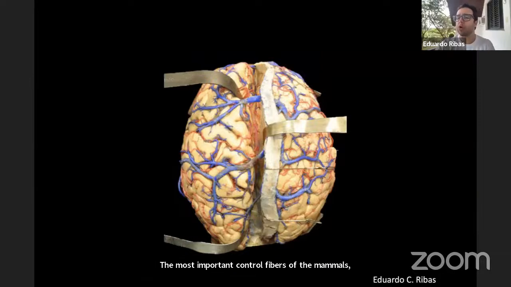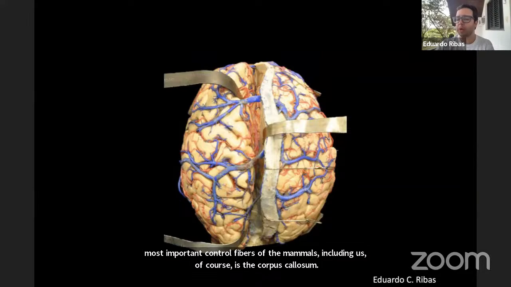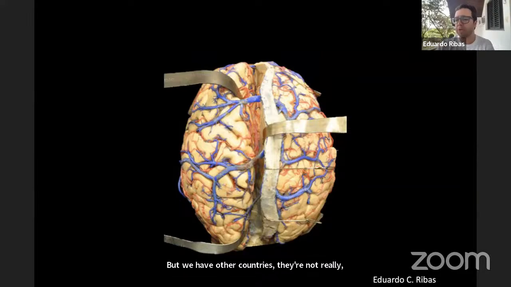But we have other commissures that are not really that important functionally for ourselves anymore, for example the anterior commissure, posterior commissure, and limbic commissure. These commissures can be cut by the neurosurgeon without any major neuropsychological interference for the patient. But of course, you cannot cut all of the corpus callosum.